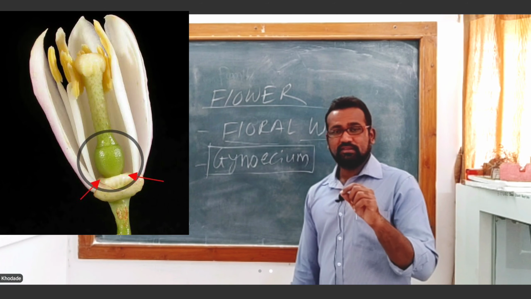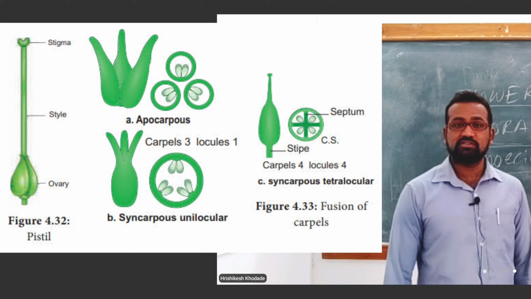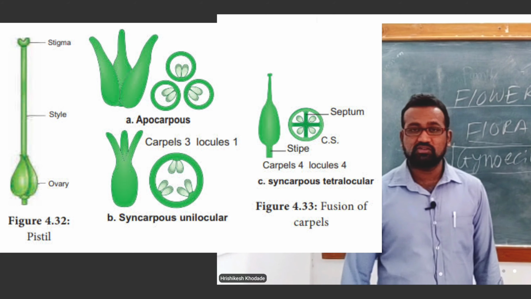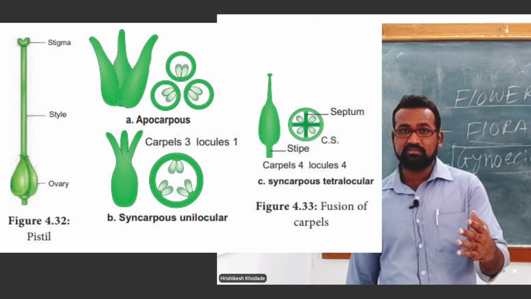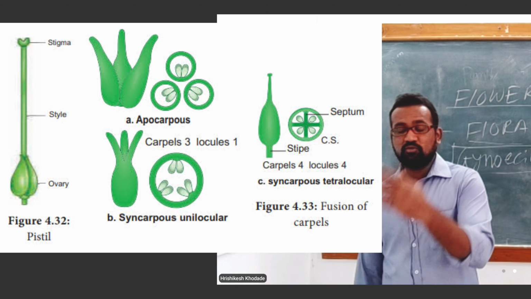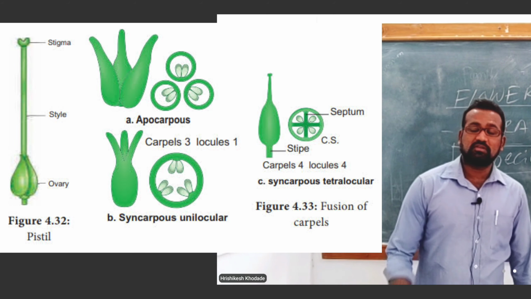These units are known as carpels. To see carpels, you must take a transverse section, as the photograph indicates. The gynoecium has carpels as its unit. Sometimes you will find 2 carpels, sometimes 3 carpels, sometimes 5 carpels. So these carpels are the unit of gynoecium.